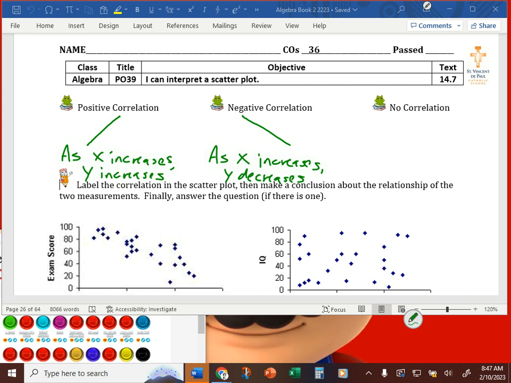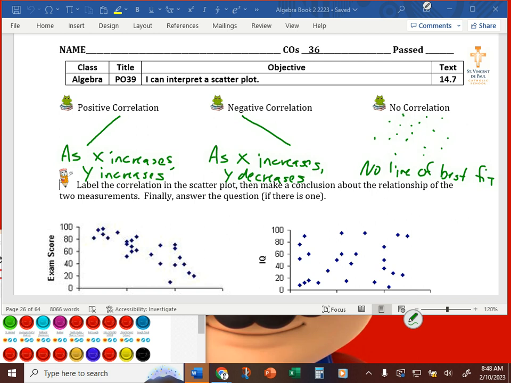There's no line of best fit here. You can't draw a line of best fit that's going to average out the data because they are literally scattered everywhere. So no correlation would be a scatter plot where there is no line of best fit.